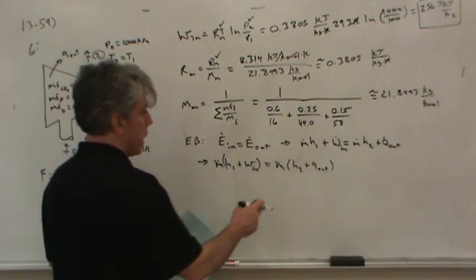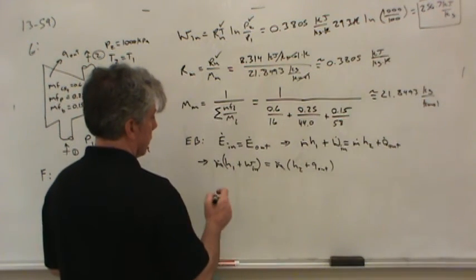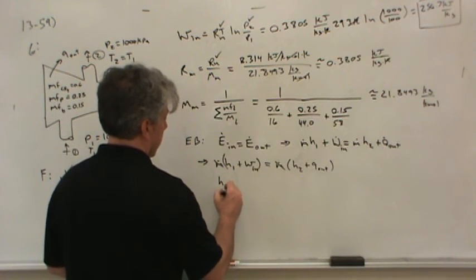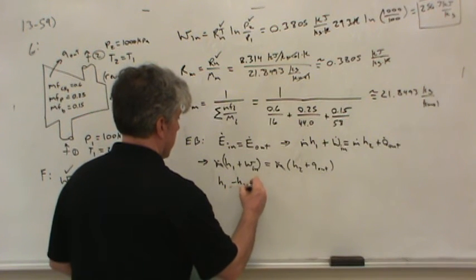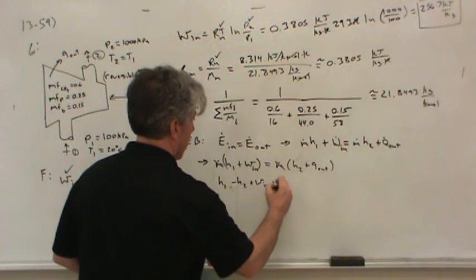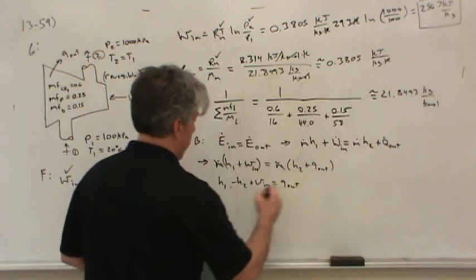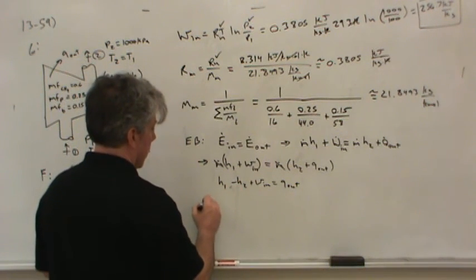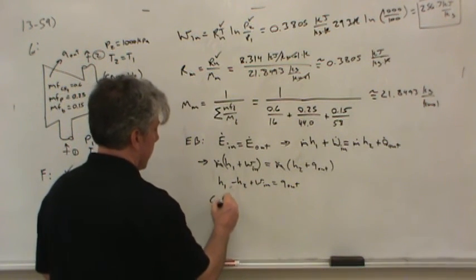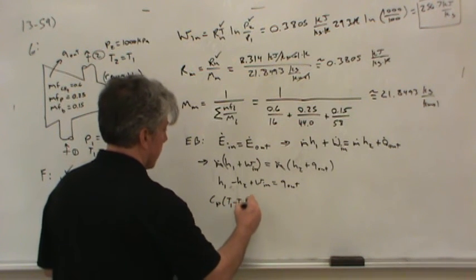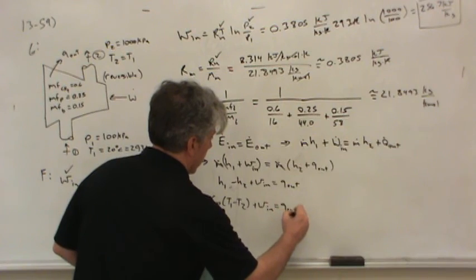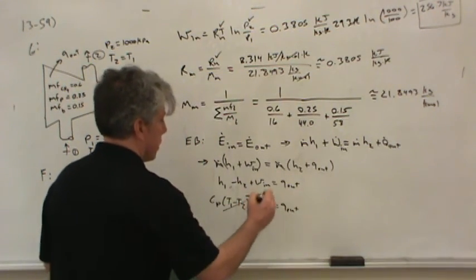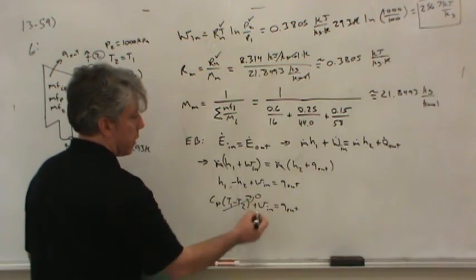Now if I put the enthalpies together, something like this: H1 minus H2 plus work in equals Q out. Well, I can represent the change in enthalpy as Cp delta T, T1 minus T2. But wait a second, T1 minus T2 is 0 because the temperature in and out is the same.